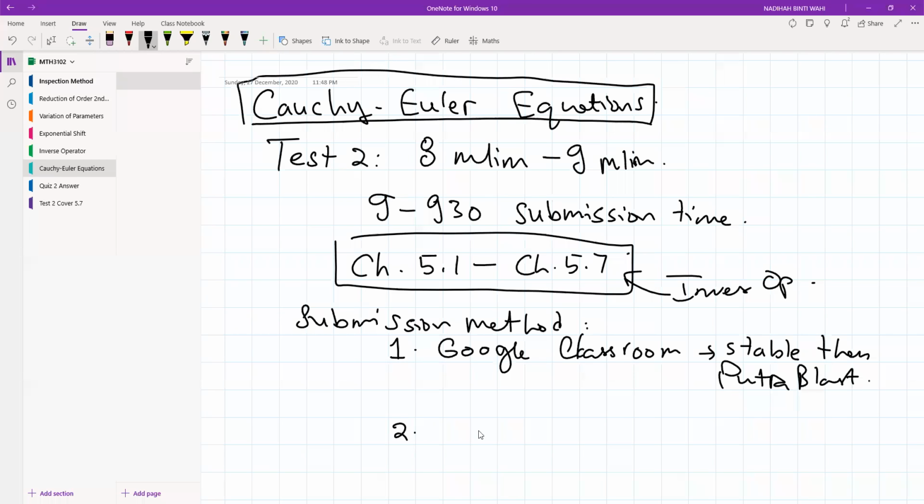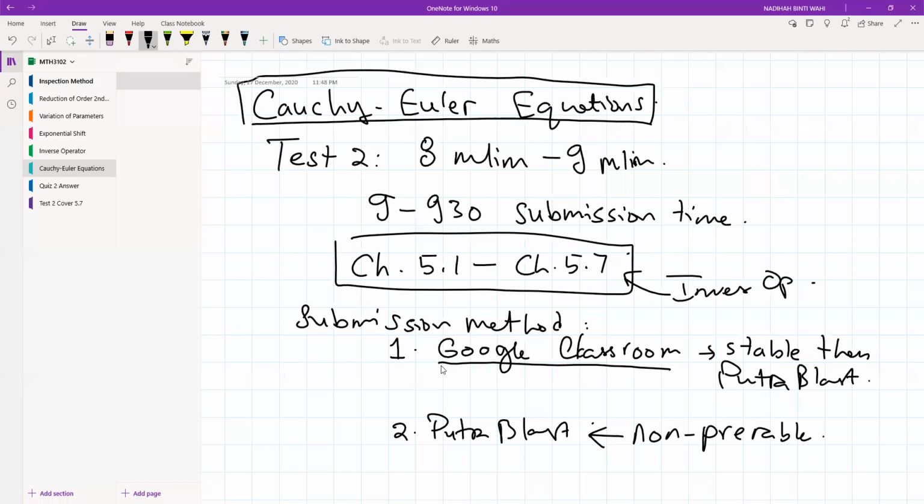Yang kedua, kalau siapa yang tak ada dalam tu, Putra Blast lah. Yang ni non-preferable, sebab Putra Blast, mungkin awak dah pernah buat untuk test 1, selalunya dia lembab sikit. So saya lebih suka guna Google Classroom. Siapa yang tak sign up lagi boleh accept my invitation. Saya dah hantar email invitation.